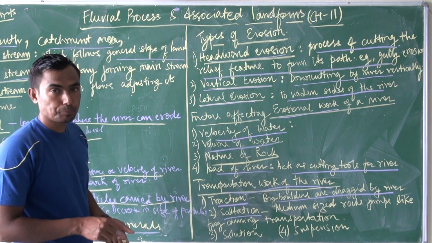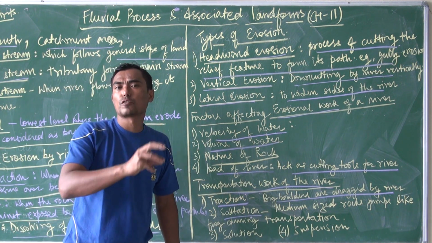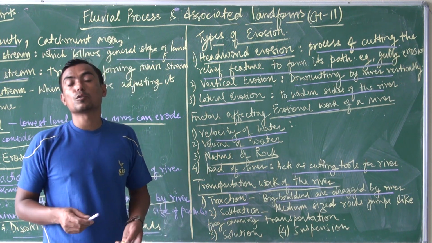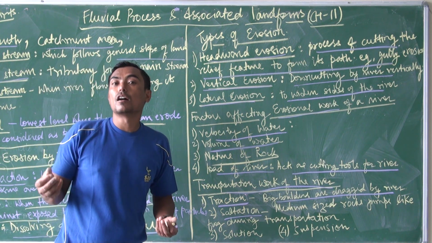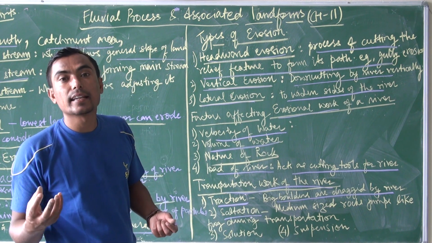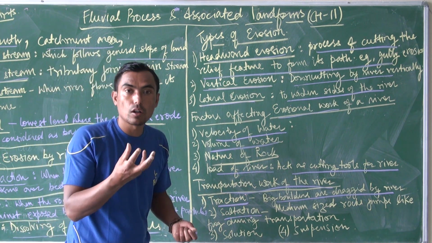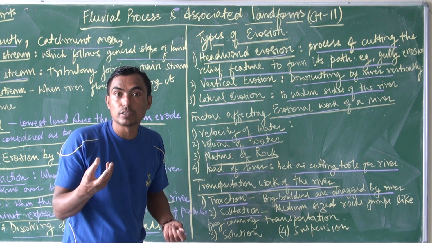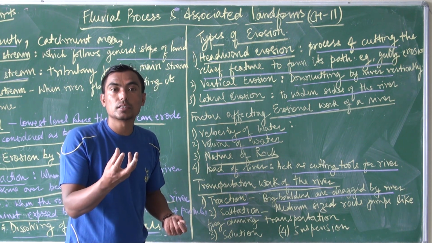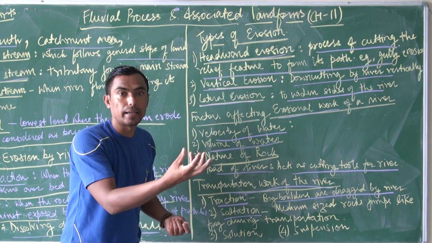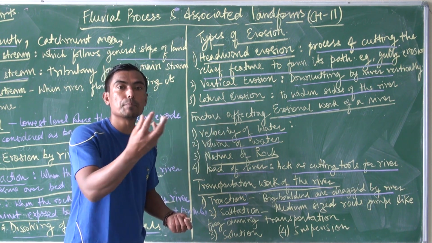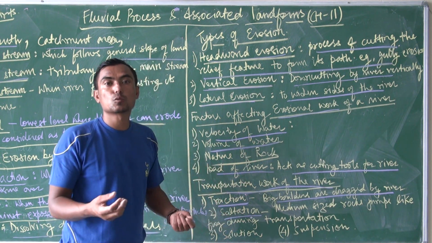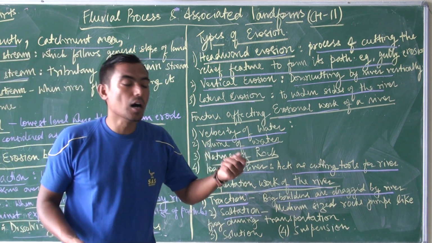When smaller pieces of rocks are transported from one place to another, the river cannot carry those smaller boulders, so they keep on jumping on the floor, like a frog, and finally they are transported from one place to another.